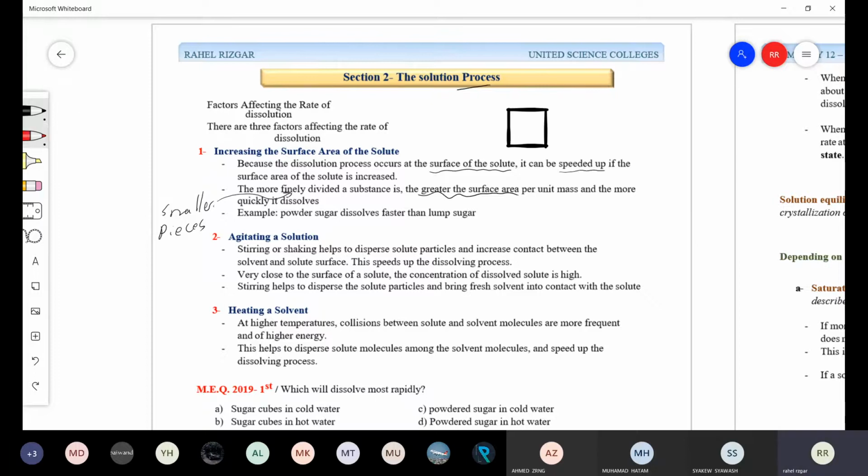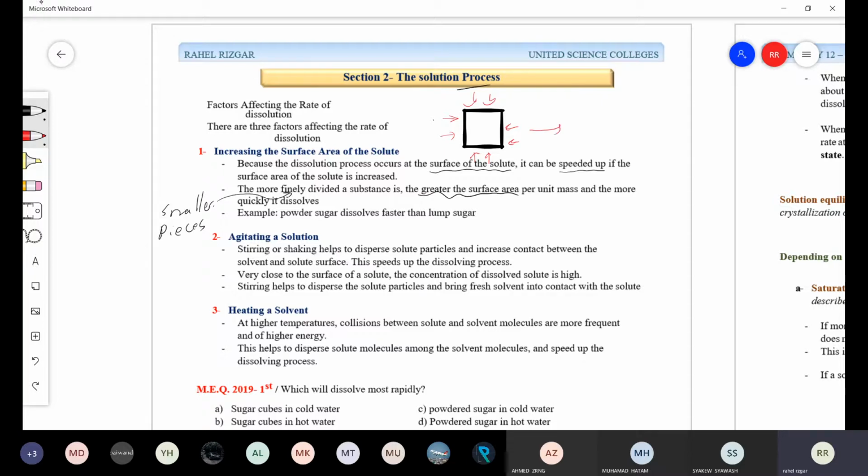If we put it inside a solvent, like water or tea, the solvent will collide with it and have contact only in these areas, and it will gradually start to dissolve.